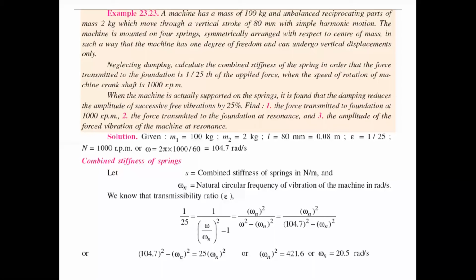Now find the force transmitted to the foundation at 1000 rpm, the force transmitted to the foundation at resonance, and the amplitude of the forced vibration of the machine at resonance. Those are the values to be determined.